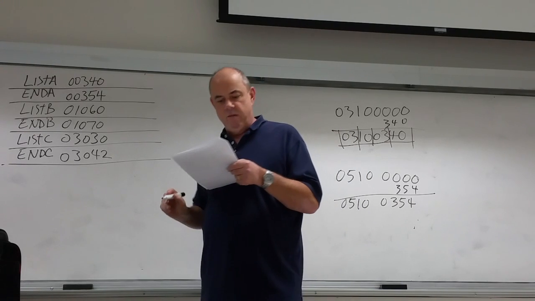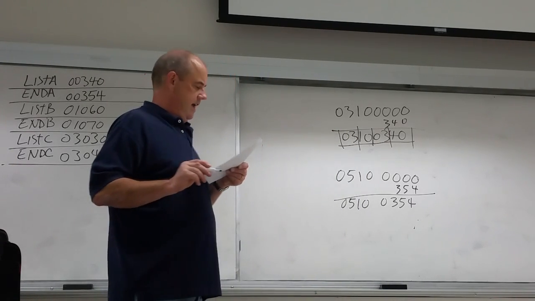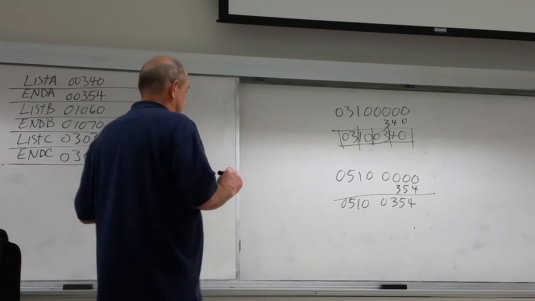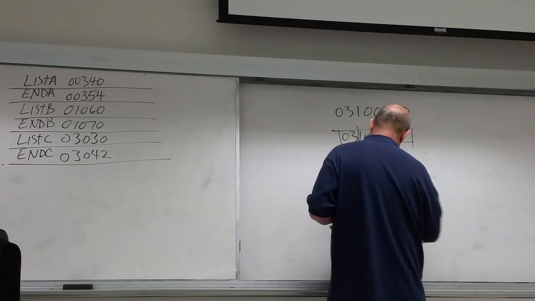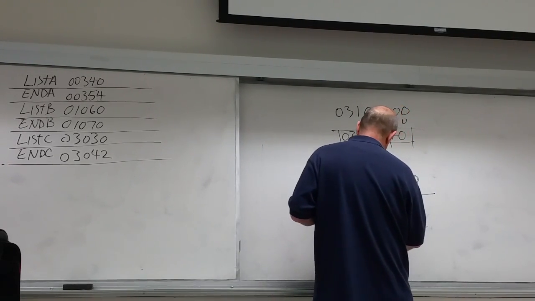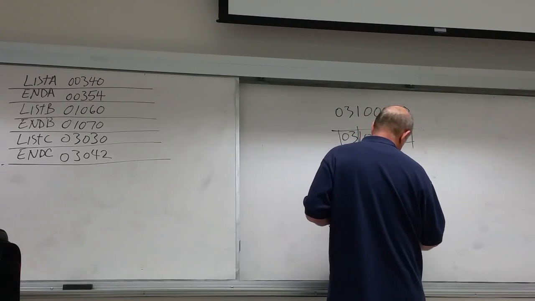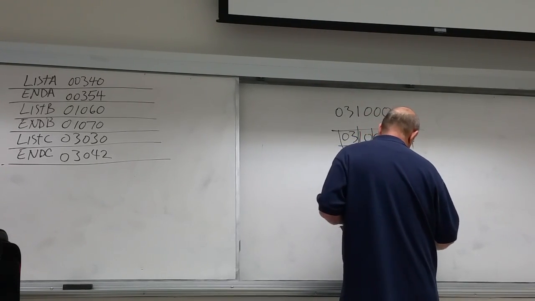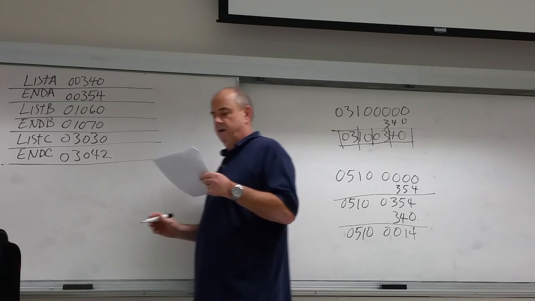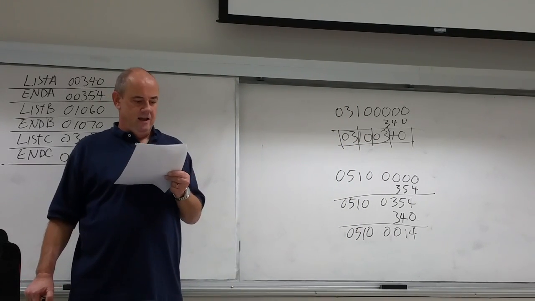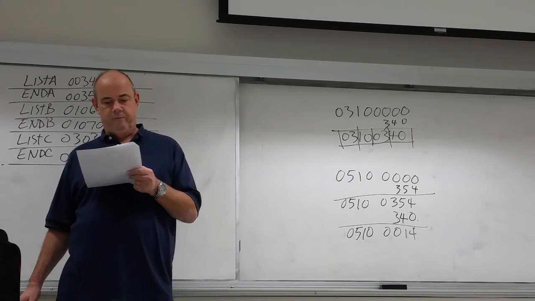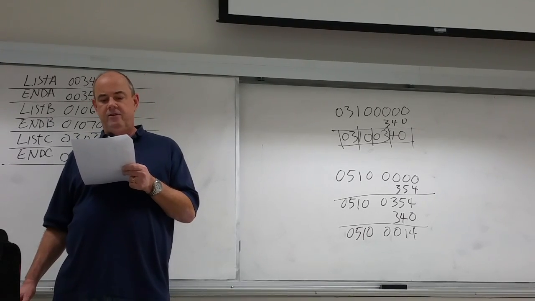And now we have minus list A. And list A is 340. So we have 0, 5, 1, 0, 0, 0, 1, 4. Does everybody get that? Good.